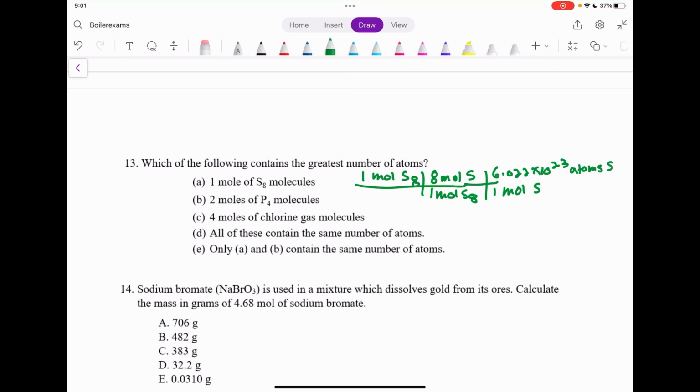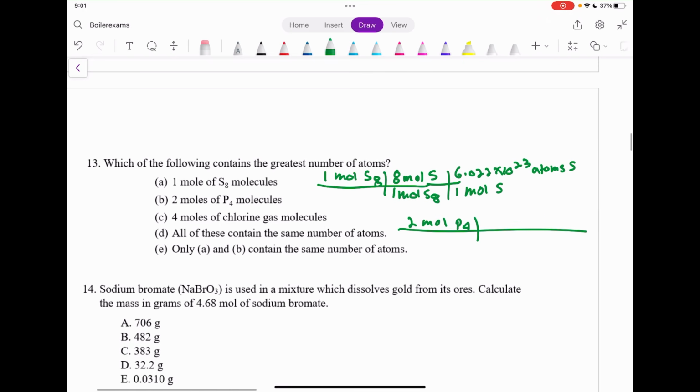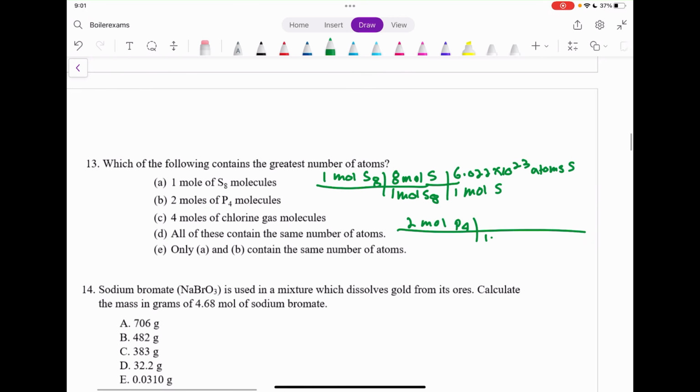Let me set up B to illustrate this point. In 2 moles of P4, in 1 mole of P4, we have 4 moles of phosphorus. P is phosphorus. And in 1 mole of P, you have that many atoms.